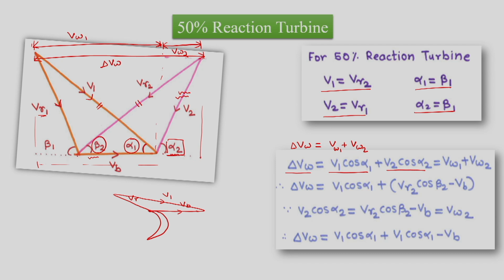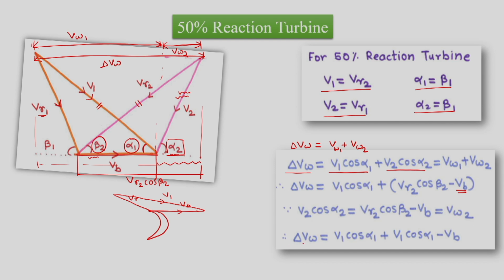So this distance is VR2 cos beta 2 minus VB, which is equal to VW2.